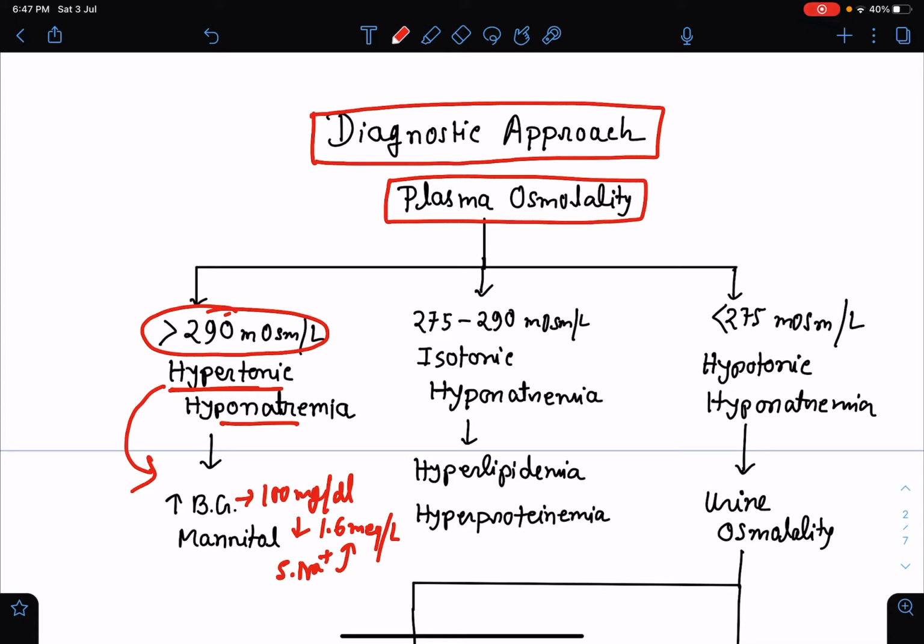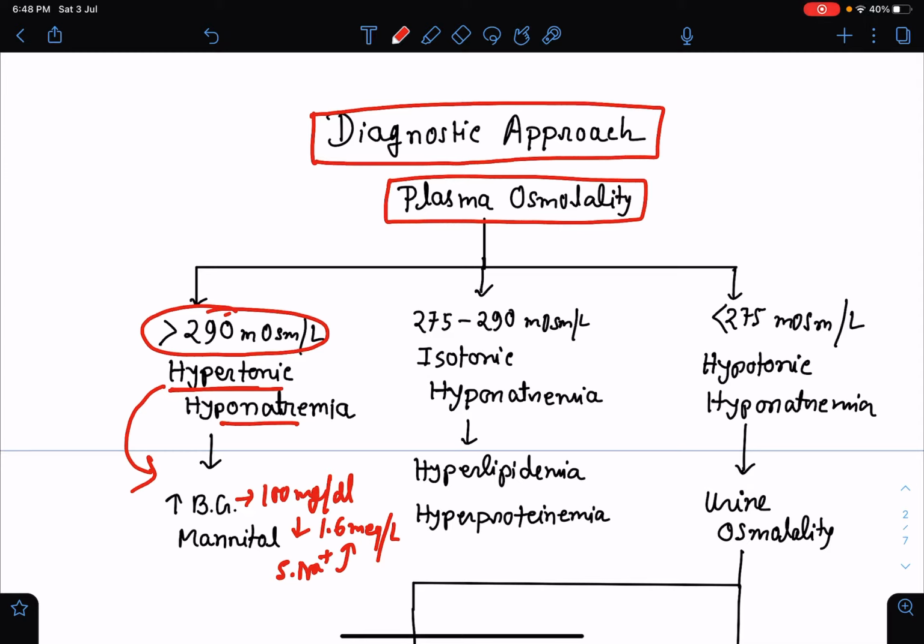But if the blood glucose level is already above 400, then per 100 milligram increase above 400 will result in reduction of serum sodium by 2.4 milliequivalent per liter. Anyway, this is about hypertonic hyponatremia.